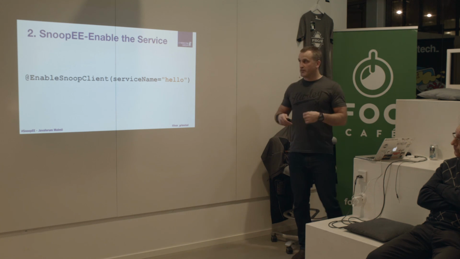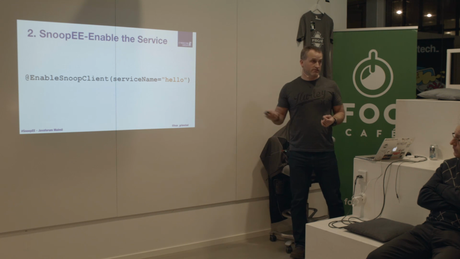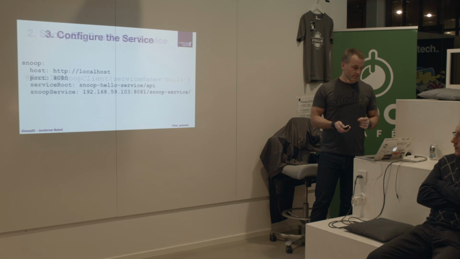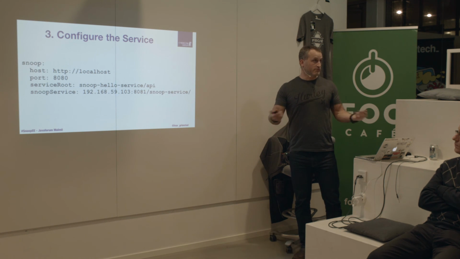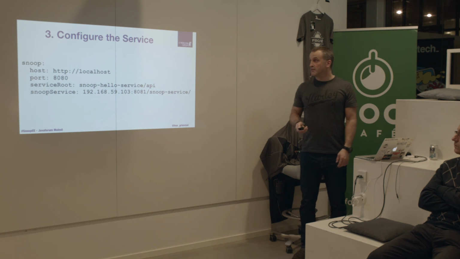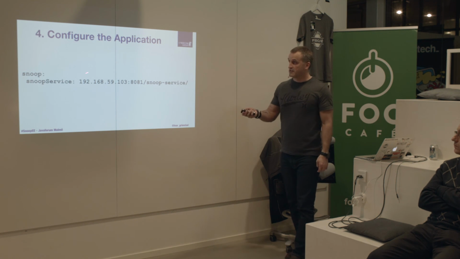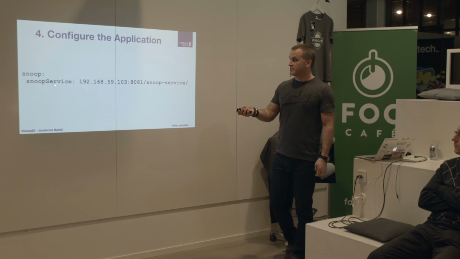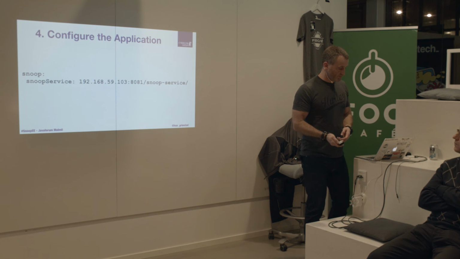Just need to Snoop enable your service by having the @EnableSnoopClient, give it the service name. Have to configure it, do it locally or with system or environment properties, depending on your environment or needs. The application that consumes the service only needs a Snoop service configuration, and you can do that at runtime.